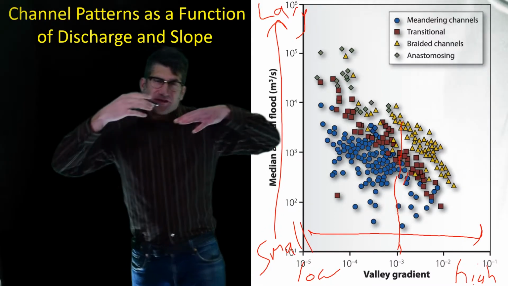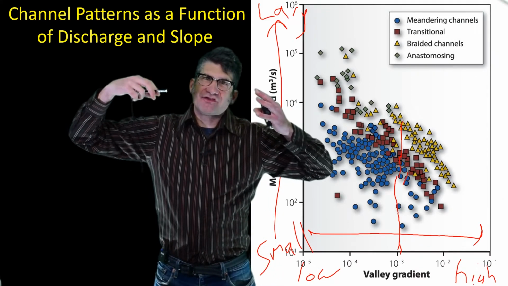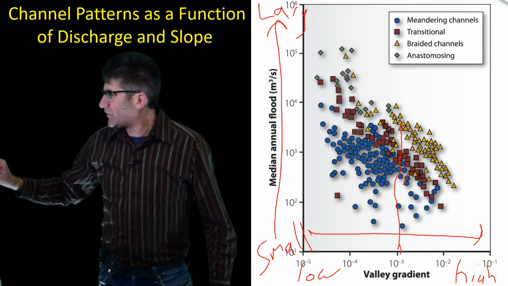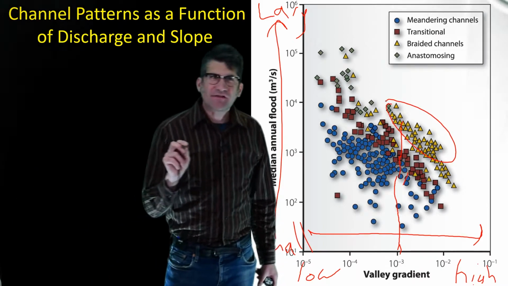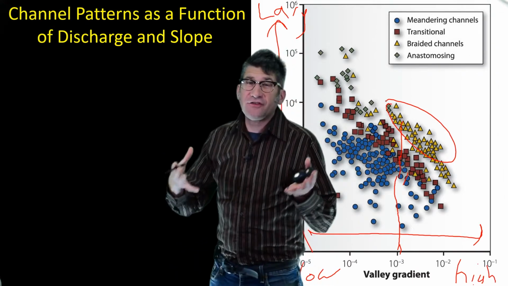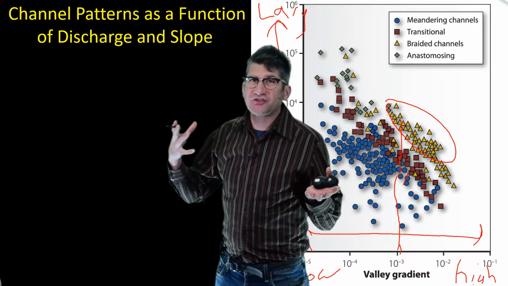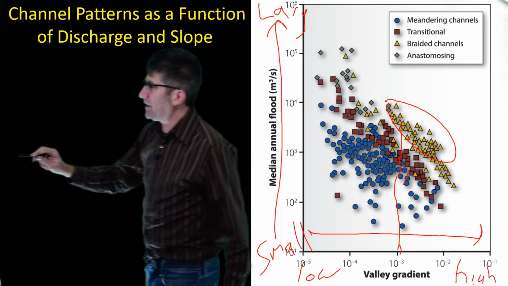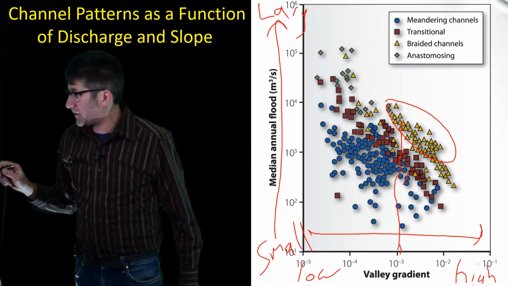And so that's suggesting that as we have bigger rivers with higher discharges, we're more likely to create braided channels, and because of that, these braided channels are probably related to sediment supply. In these settings where we have high discharges, we're able to move more sediment, and so we have that sediment filling up the channels and creating that multi-threaded pattern.